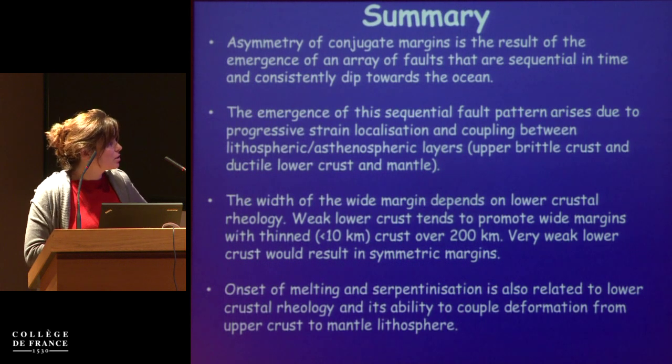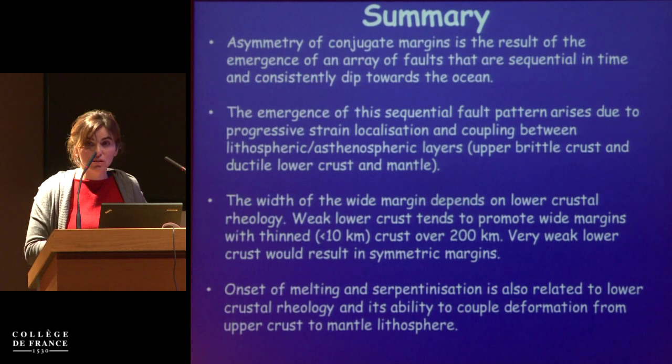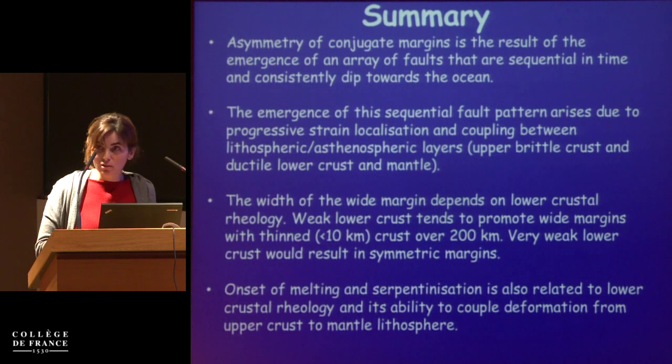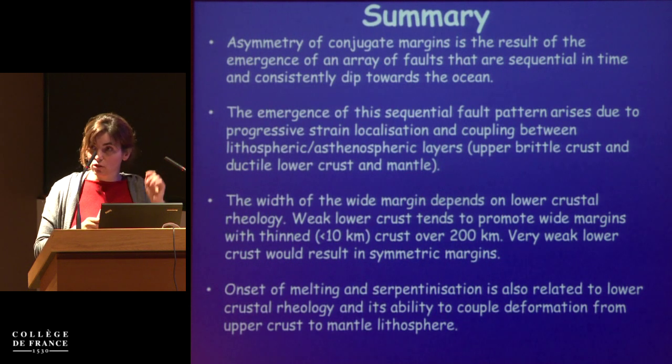And finally, the onset of melting and serpentinization is also related to lower crustal rheology and its ability to couple the deformation from upper crust to mantle lithosphere and asthenosphere.